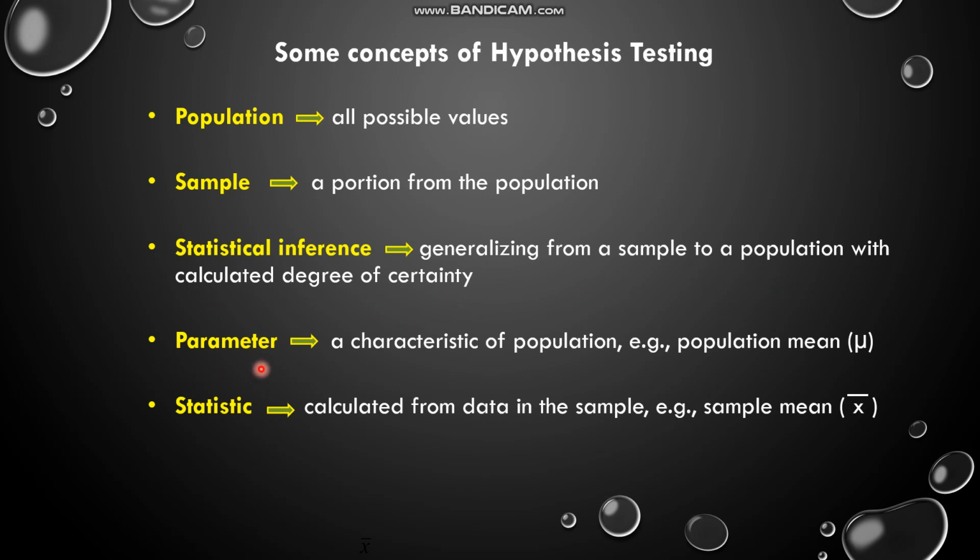The parameter is a characteristic of the population. For example, the population mean in parameter is denoted as mu. Next is statistic. It is calculated from data in the sample. For example, the sample mean is denoted as x bar.